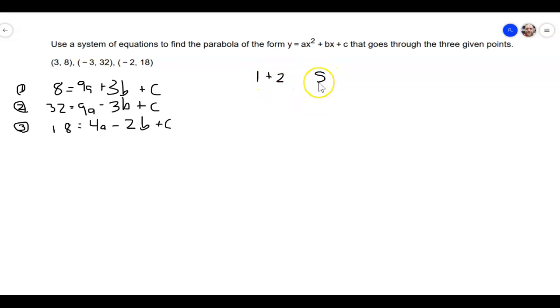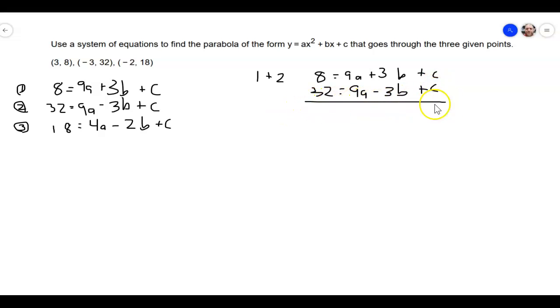So I'm going to do 8 is equal to 9a plus 3b plus c, and then I have 32 is equal to 9a minus 3b plus c. Add those two together, and I'm going to get 40 is equal to 18a. The b's will cancel out, plus 2c.